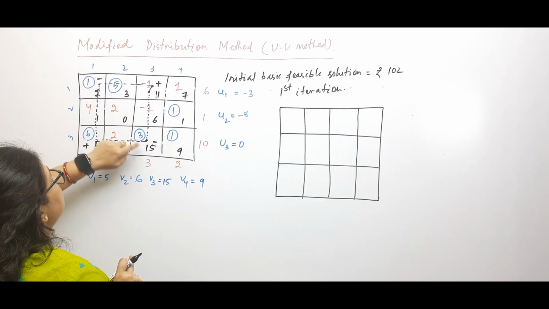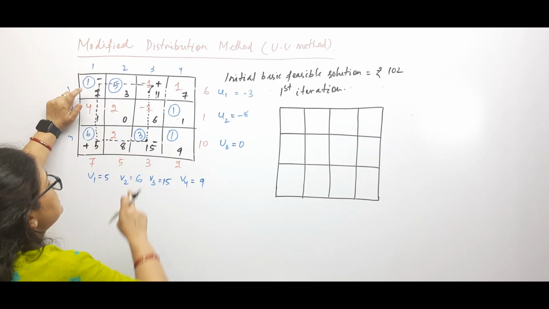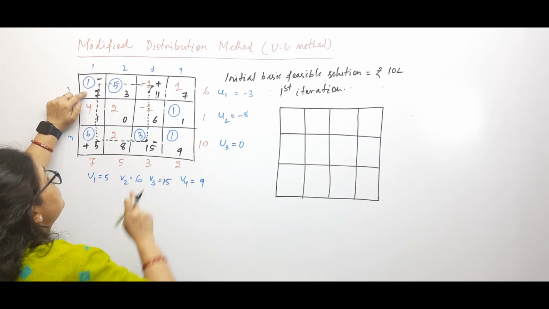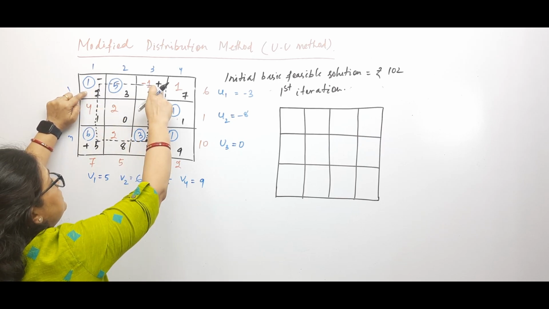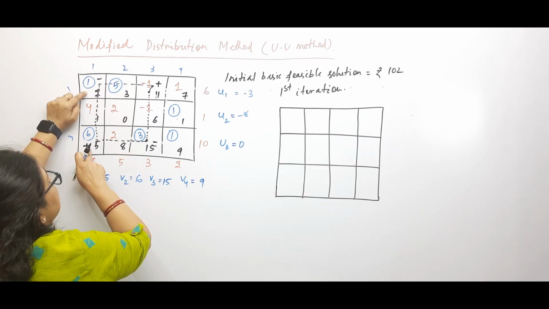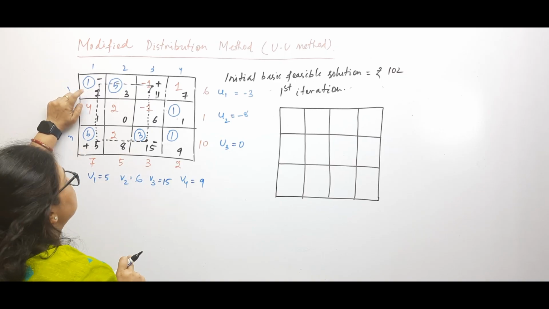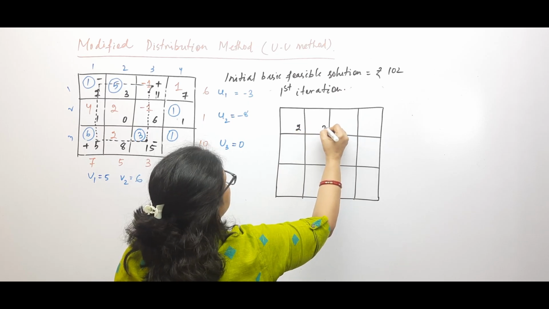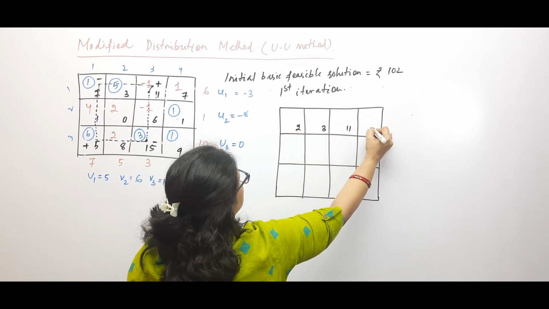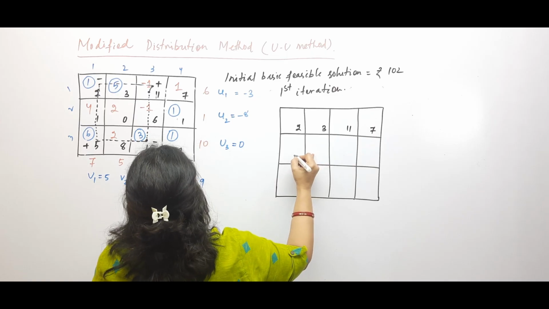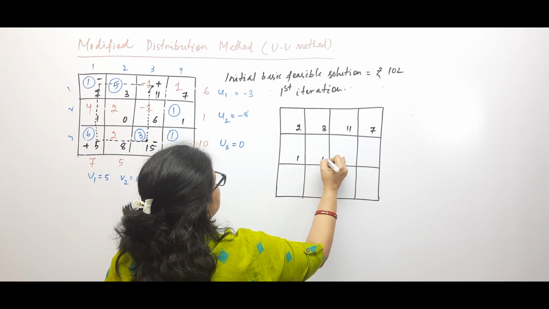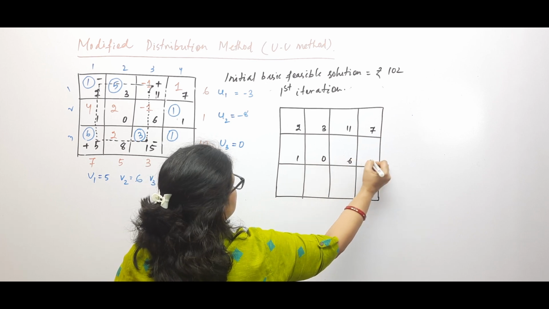Here we have negative, here also negative, but the least is 3 here, 1 here, so the least is 1, and we take 1. We need to add here, subtract from here, then add here, and subtract here also. Now see here: 2, 3, 11, 7. This is 1, 0, 6, 1.